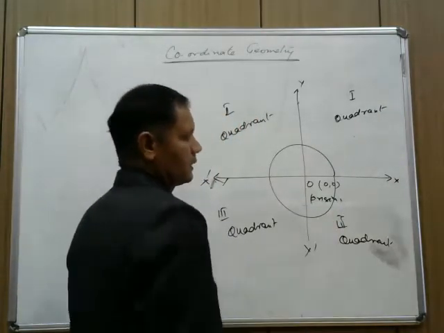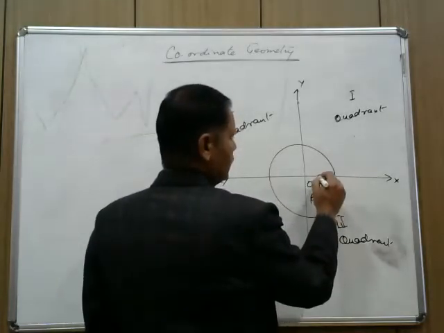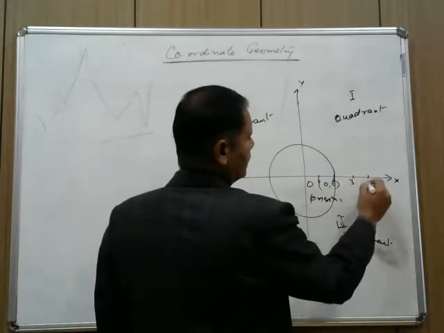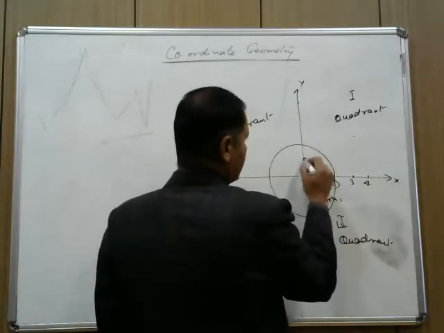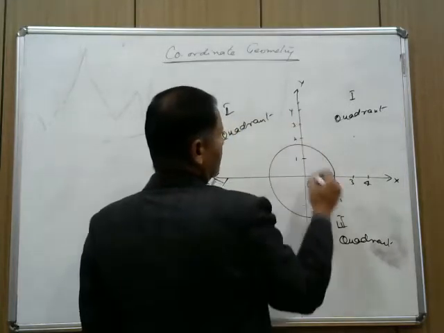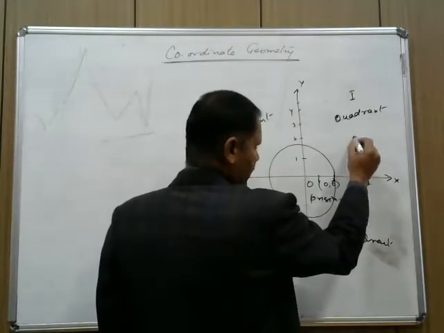Right. Now, if I talk about any point in this plane, in the first quadrant, of course you know that, suppose on x-axis I write 1, 2, 3 and 4, and on y-axis 1, 2, 3 and 4, and suppose I have to locate this point.